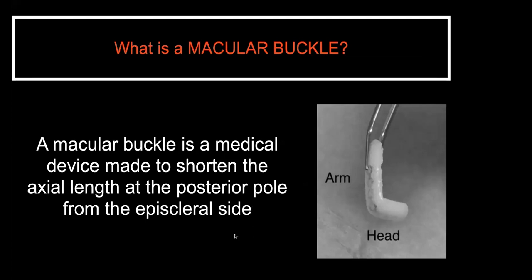What is a macular buckle? In summary, a macular buckle is a medical device that shortens the eye, that shortens the axial length at the posterior pole. It has a head, which is the part buckling the macula, and an arm, because in 2007 I started to think about a buckle that could be sutured anteriorly and not posteriorly.